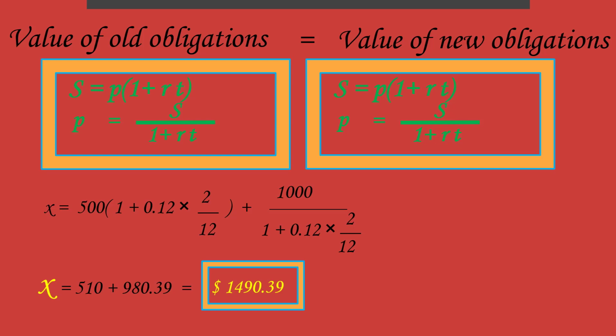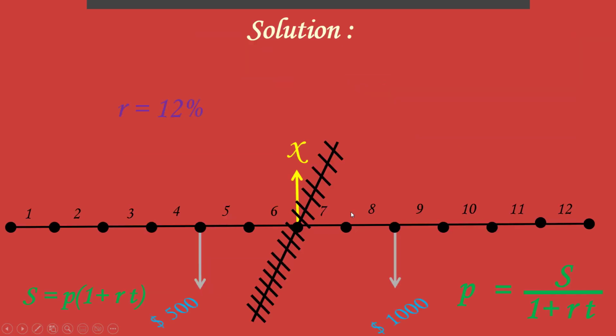$980.39. The question here: how do we calculate the time for the first old obligation and the time for the second old obligation? By looking at the timeline, to get the time for the first old obligation, we calculate the distance from the maturity date of the obligation to the focal date.